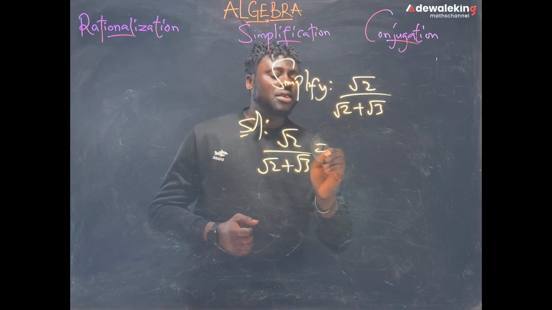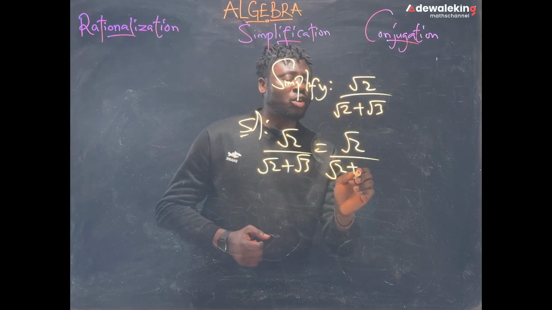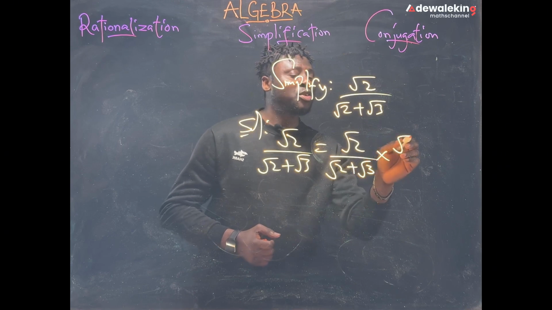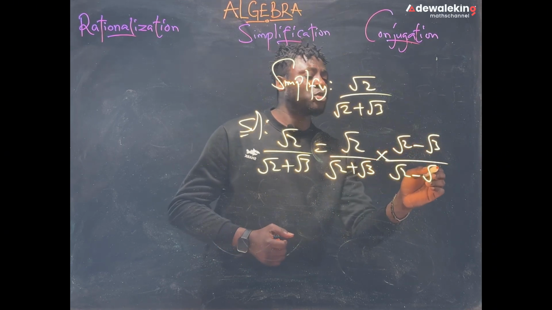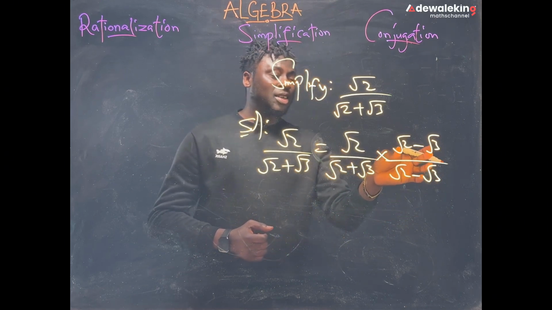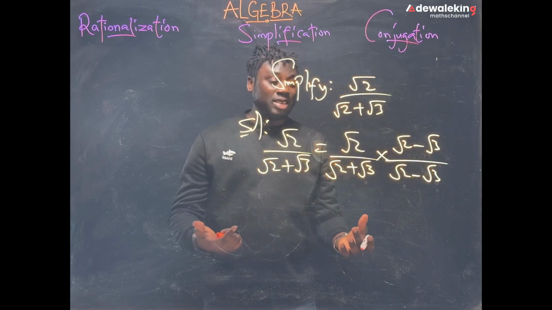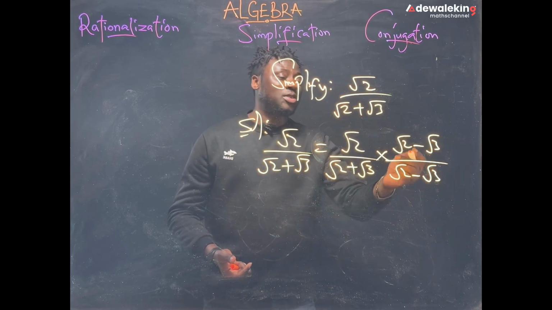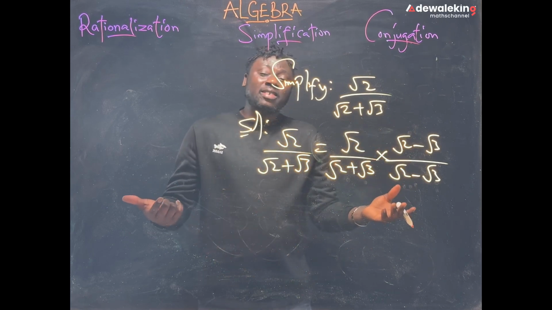So that will be root 2 over root 2 plus root 3 times root 2 minus root 3 over root 2 minus root 3. The conjugate of this surd is this and this. So if you observe, you see that this and this are the same thing. Why? Because if you cancel this and cancel this, this will give you 1. 1 times this is still the same thing as this.